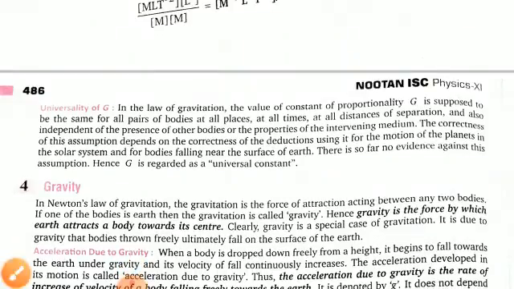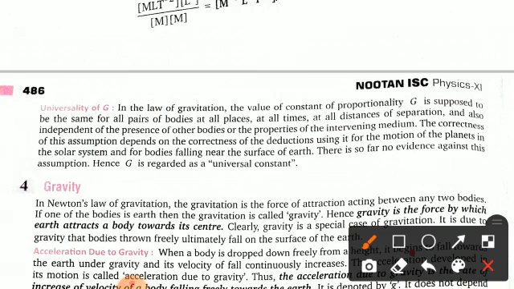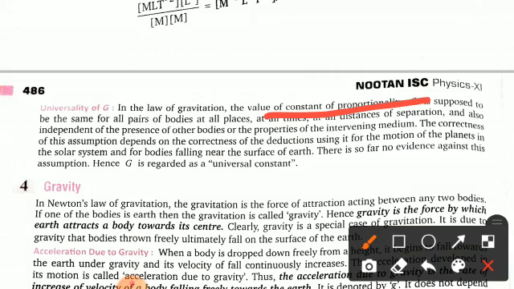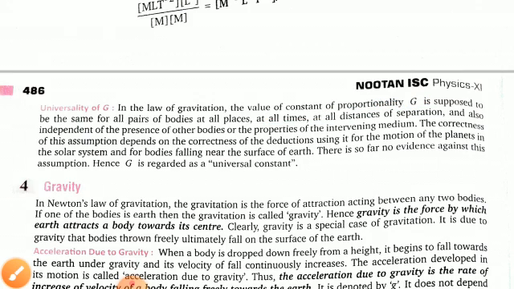Universality of G. Here we have to discuss the universality of G. In the law of gravitation, the value of the constant of proportionality, which is your G, is supposed to be the same for all pairs of bodies, at all places, at all times, at all distances of separation, and independent of the presence of other bodies or the properties of the intervening medium, whether it is water, air or any other medium.